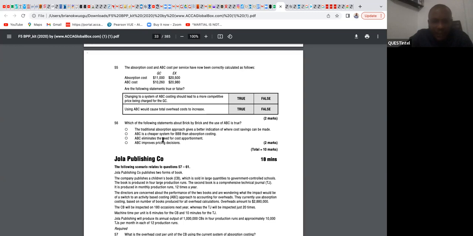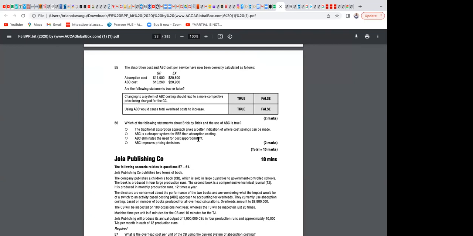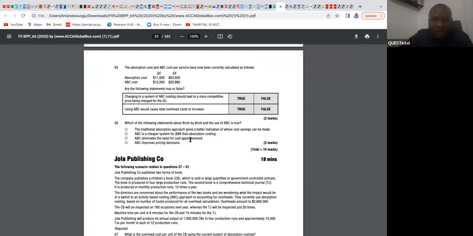ABC eliminates the need for cost apportionment. No, ABC doesn't eliminate it. You apportion costs in ABC just like with absorption costing. So cost apportionment is an integral part of any kind of absorption costing principle, whether ABC or the traditional absorption costing itself.